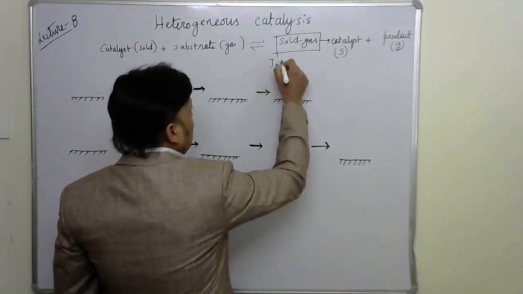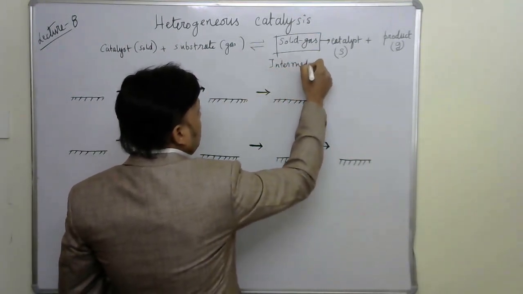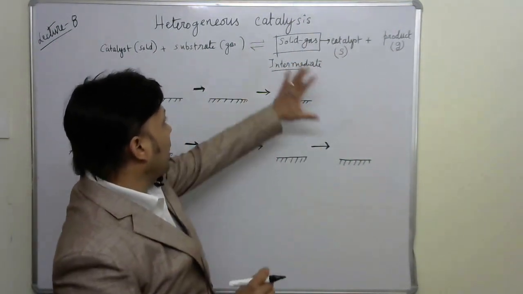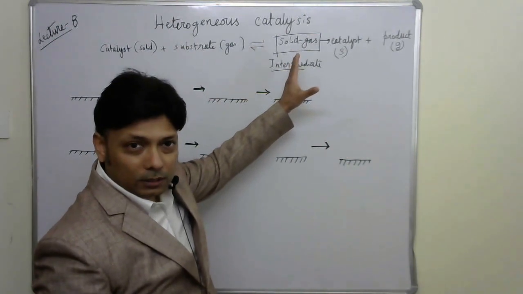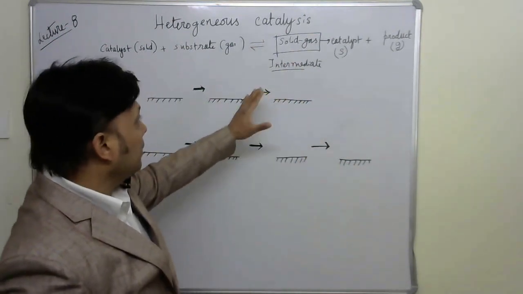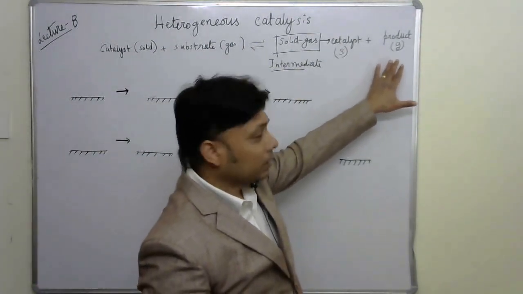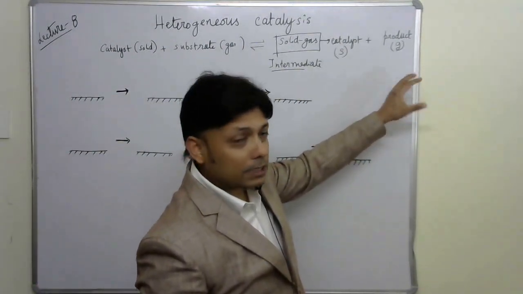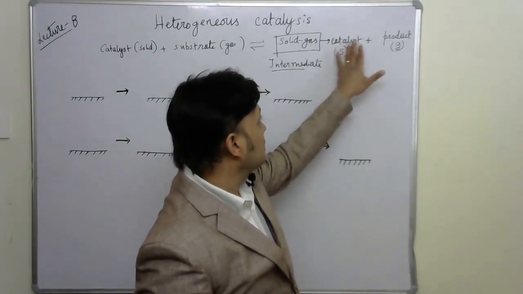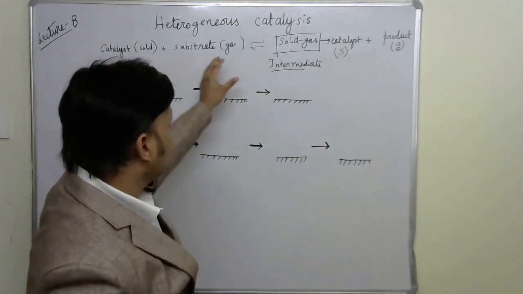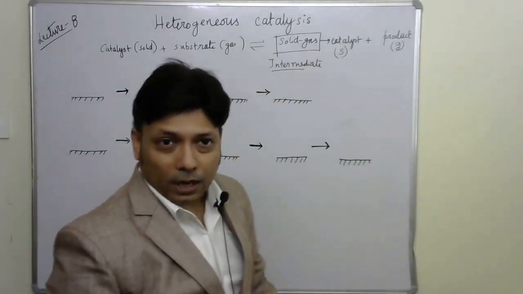This would be an intermediate where the gas molecules would be attached with the solid interface. And then at the next step there will be the reaction. So we get the product as a gaseous form, obviously, and the catalyst would be available again to take some fresh substrate for the reaction.